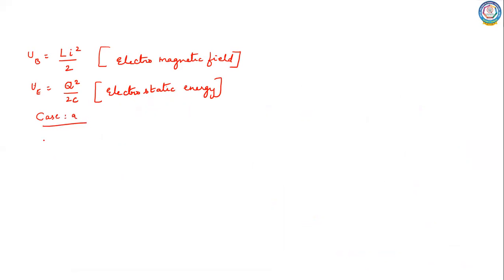Now here the energy stored in the capacitor is maximum. So the energy is given as UE is equal to, using the formula I have already written, Q square by 2C. This will be QM square because the charge is maximum here. So UE is equal to QM square by 2C.